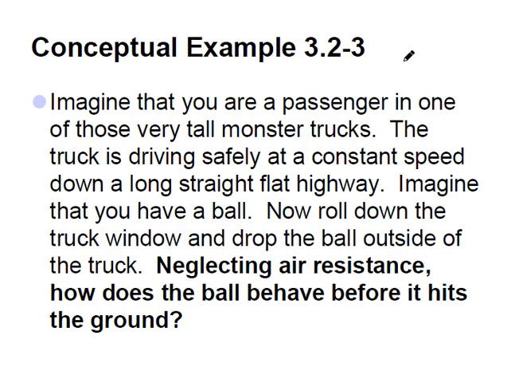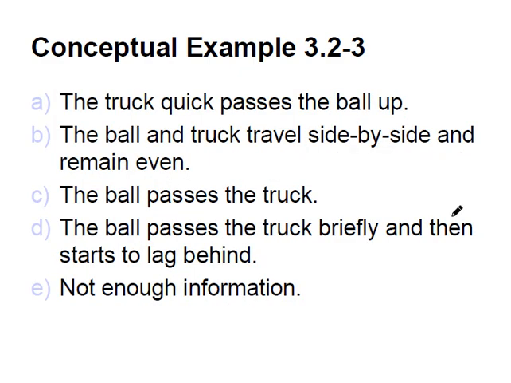So basically, you're dropping a ball from your window of the truck. And then neglecting, we're not going to consider the resistance, so we don't care about the shape and size of it, meaning your g is the same. So now how does the ball behave before it hits the ground? So now you've got to understand. You're given different situations here, and you're going to choose one of them.